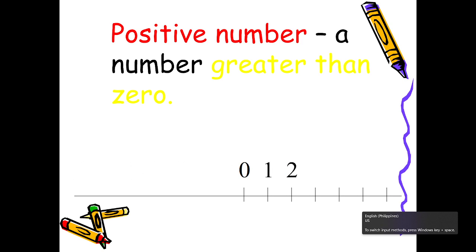You have positive 2, positive 3, positive 4, positive 5, positive 6, and so on. Now it can extend indefinitely up to infinity, meaning up to the largest possible positive number. Now notice that these positive numbers are located at the right of 0.